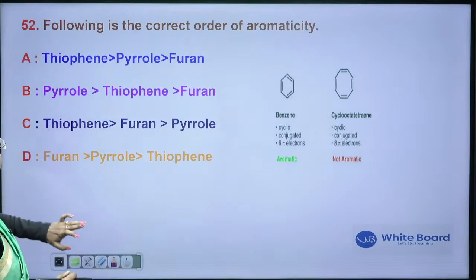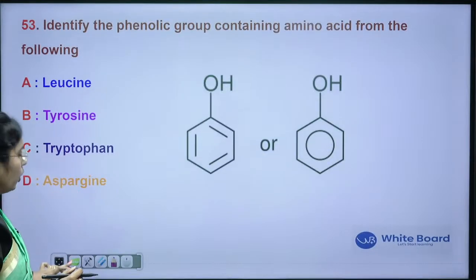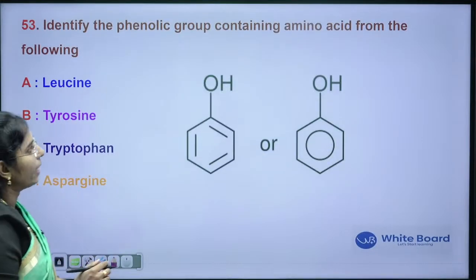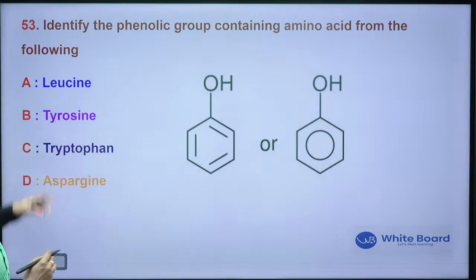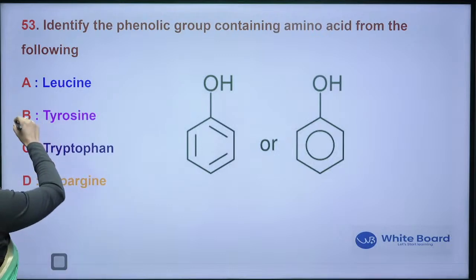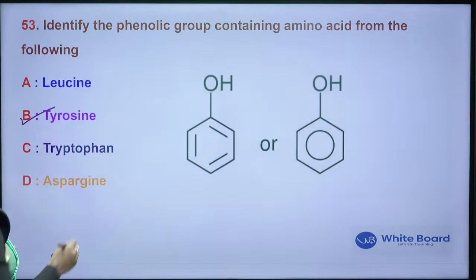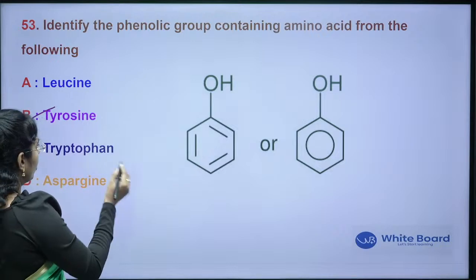Right. Coming to the next question. Identify the phenol group containing amino acid from the following. Leucine, tyrosine, tryptophan and asparagine. Tyrosine is considered a phenolic group containing amino acid. What will be the structure here?